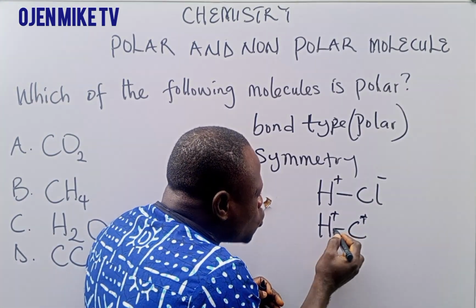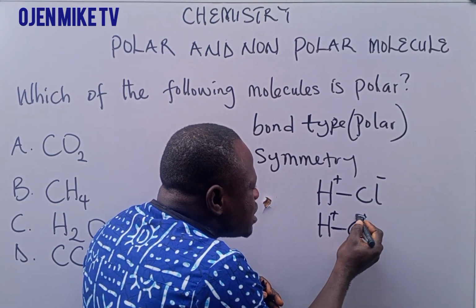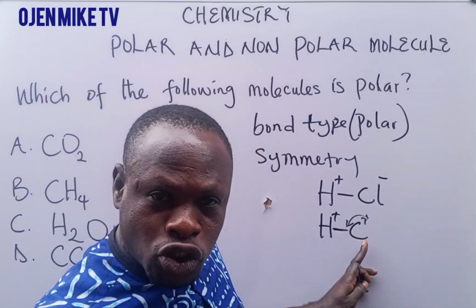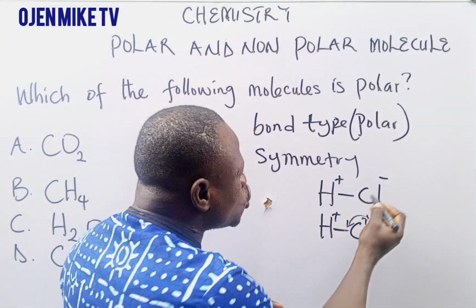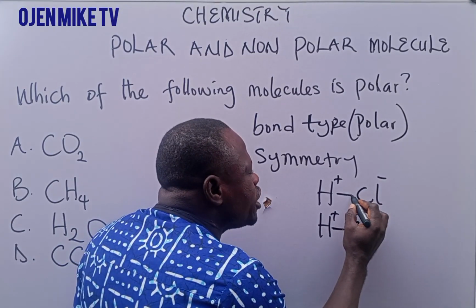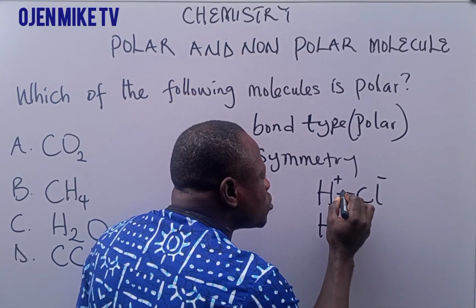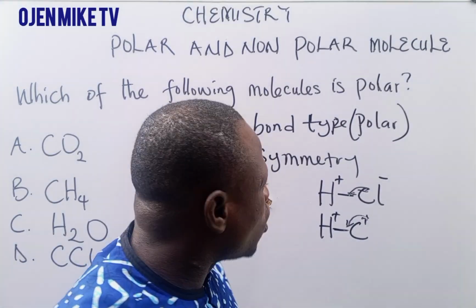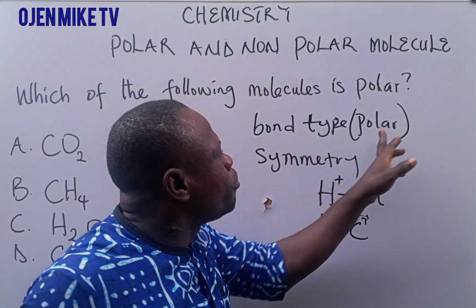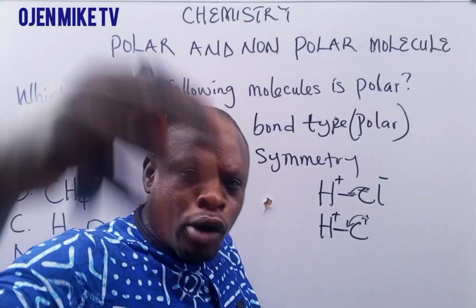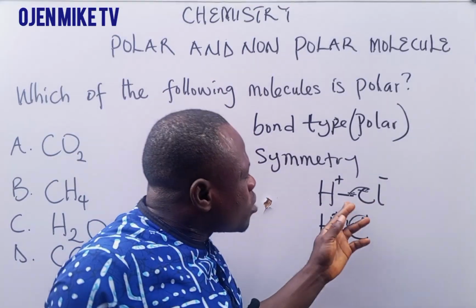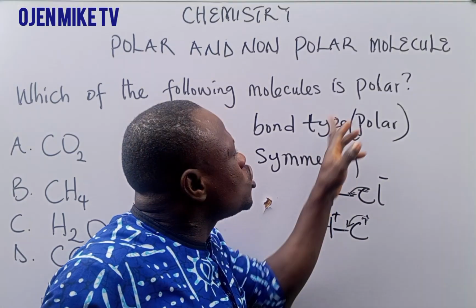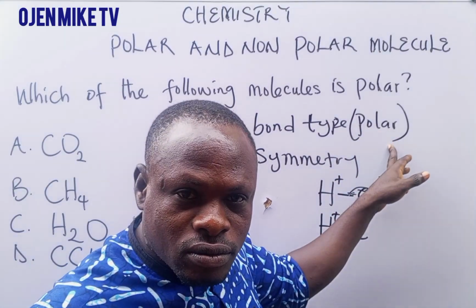The bond between hydrogen and carbon has an equal distribution. Are you following? Chlorine will tend to pull more electrons to itself, resulting in a polar bond. So any bond that results in one atom being positive and the other negative becomes a polar bond.